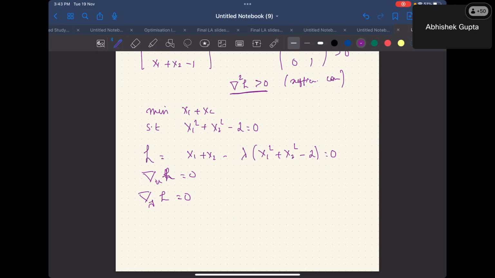Lambda is equal to plus minus half. So which one do we consider? Should we consider lambda equal to plus half or minus half? Which one is useful for us?